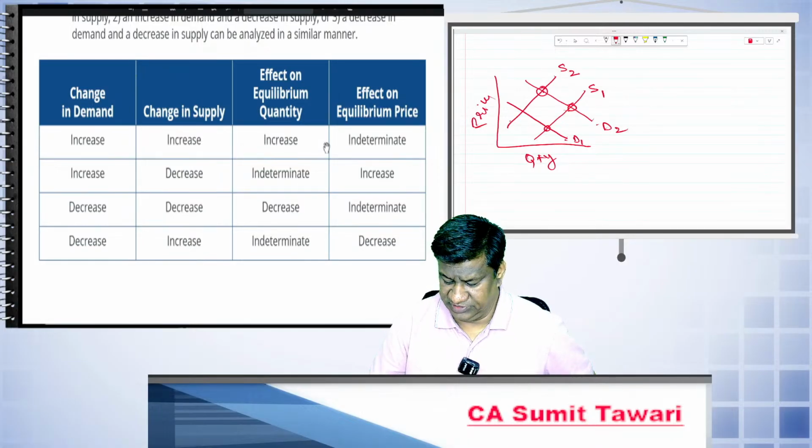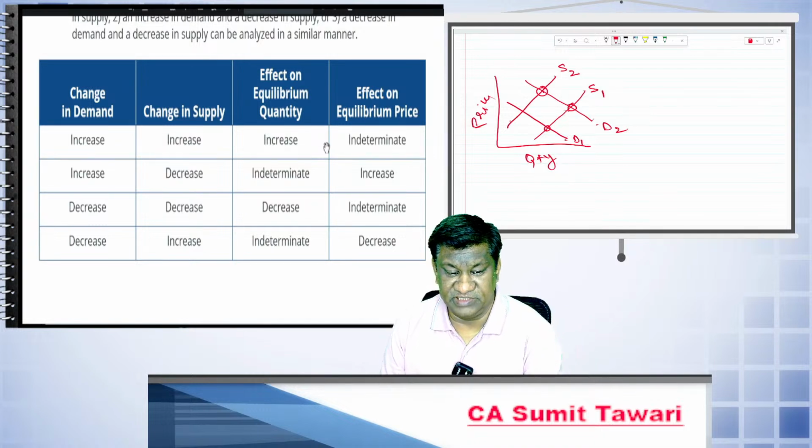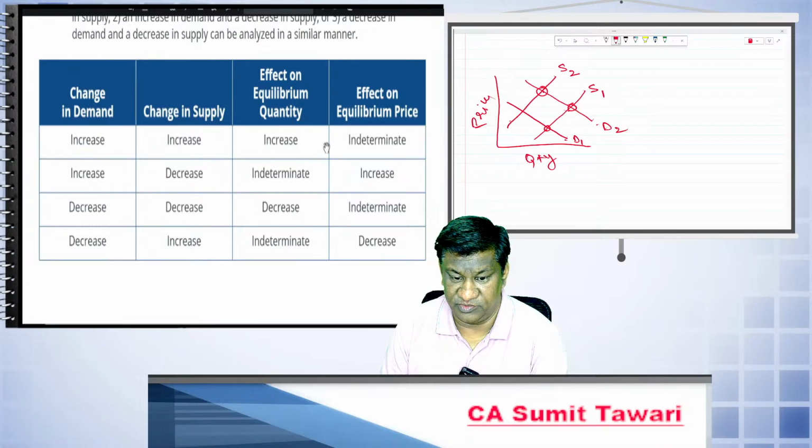But here, the question is: change in demand increase, change in supply increase. We can easily conclude that the effect on equilibrium quantity is an increase, but why can we not decide the equilibrium price?